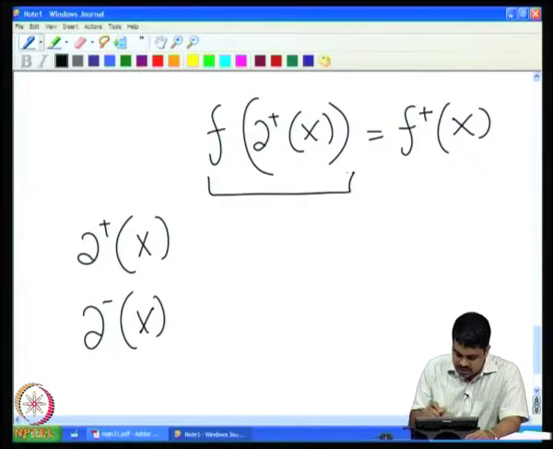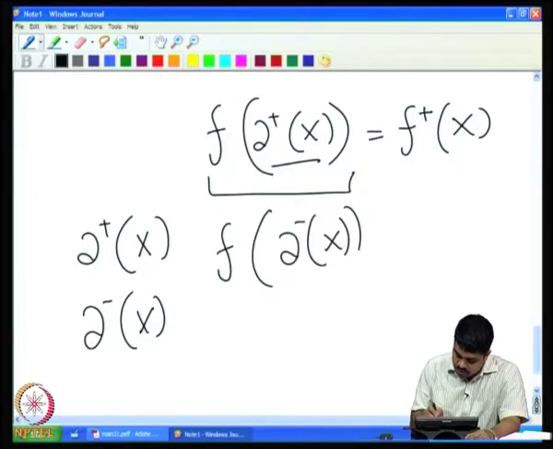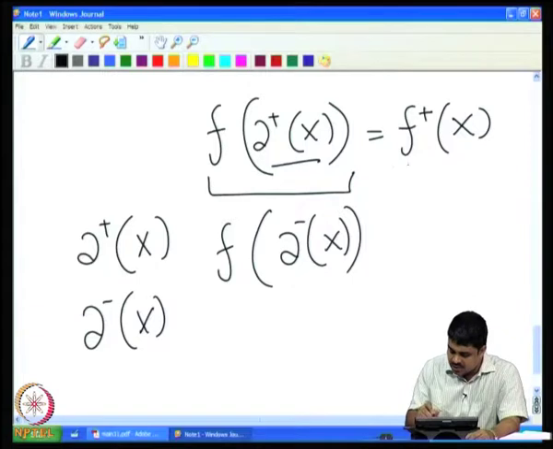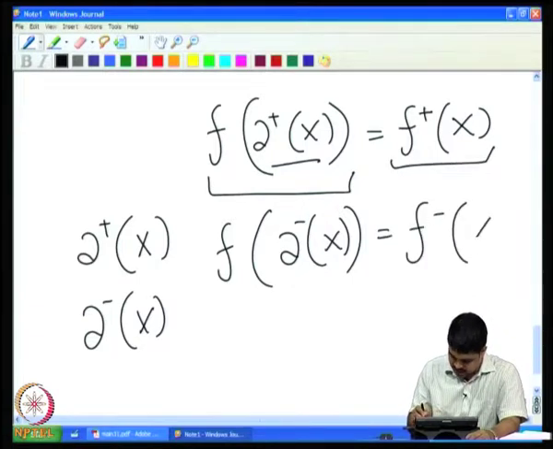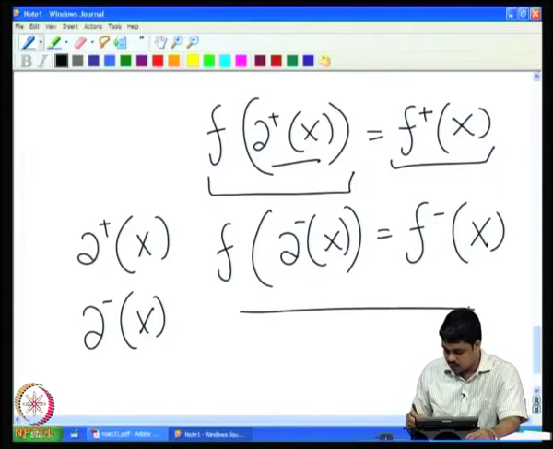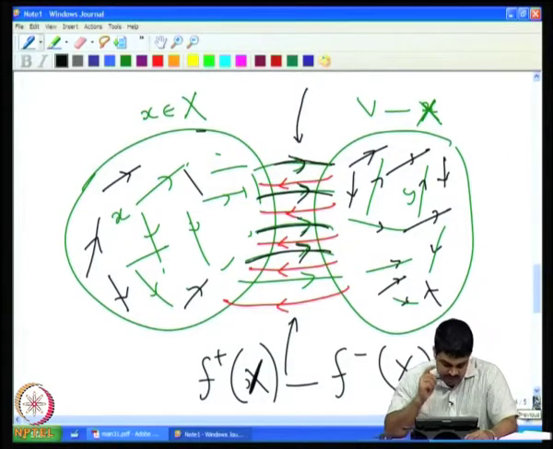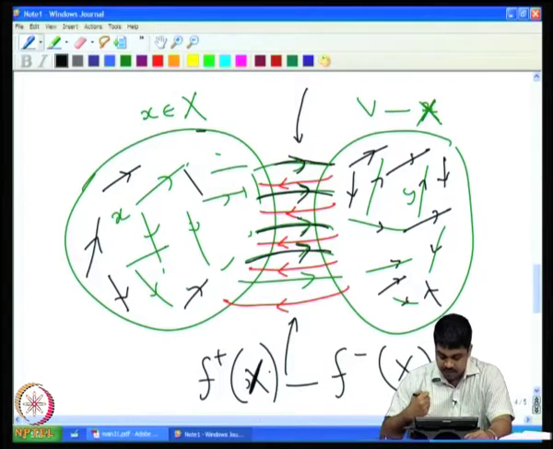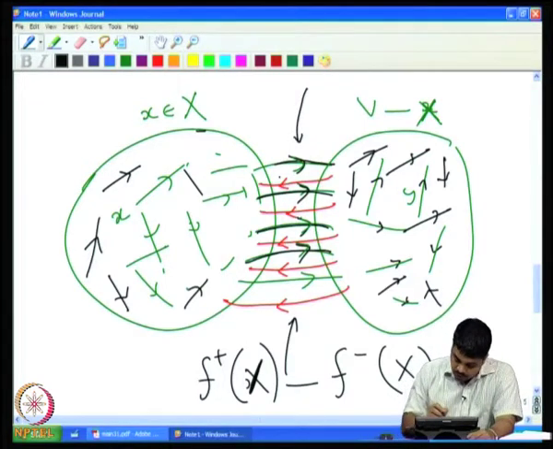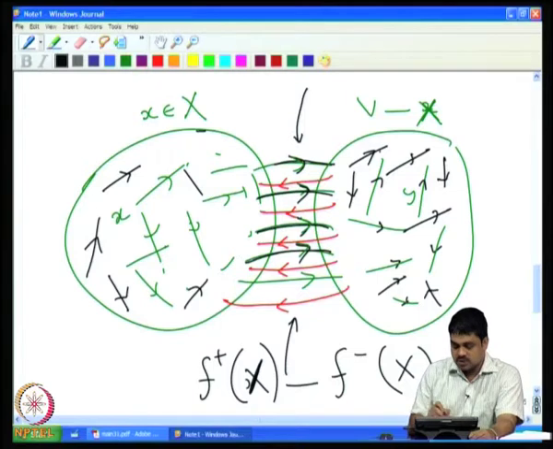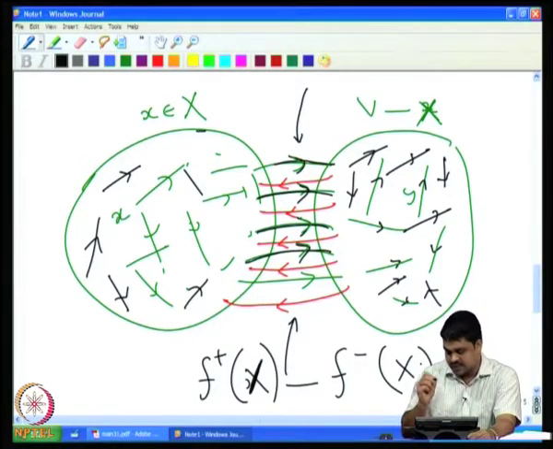The f means the sum of the flow values on this set, and this is f minus of x. Now we are interested in f plus of x minus f minus of x. Why? Because this much is going out and this much is coming in, so the total outflow will be this minus this.